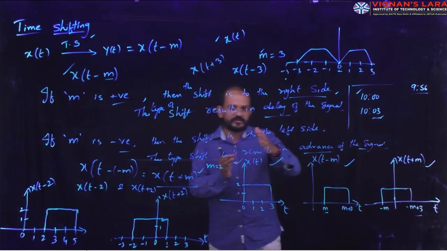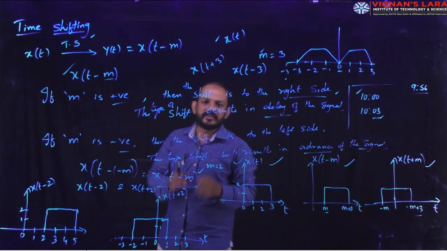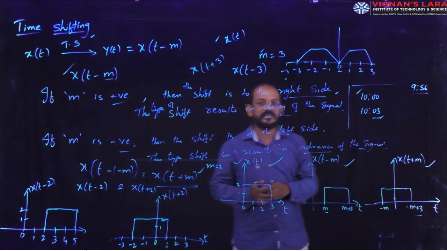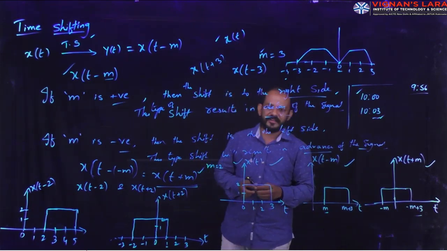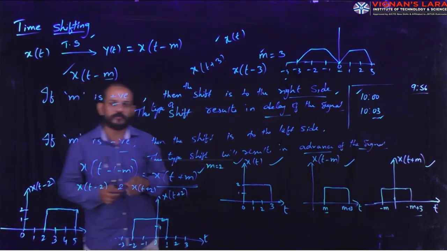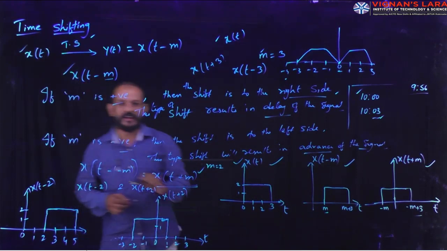If the shift is to the right side, then there will be a delay of the signal. If the shift is to the left side, then there will be an advance of the signal. I had given the graphical examples also for your better understanding. I hope you are all clear with the time shifting operation of a continuous time signal x of t.